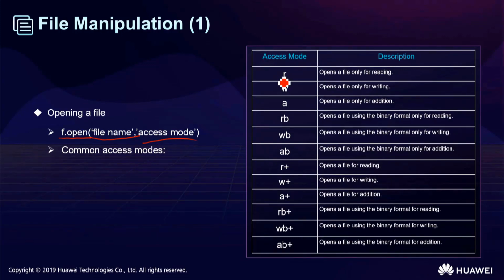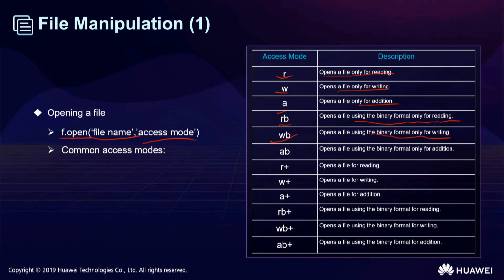In the access modes, r stands for opening the file only for reading, w opens only for writing, and a is only for appending. rb uses the binary format only for reading, and wb uses the binary format only for writing, and there are many other access modes. If you want more, you should remember them all, and it can help you use them correctly.